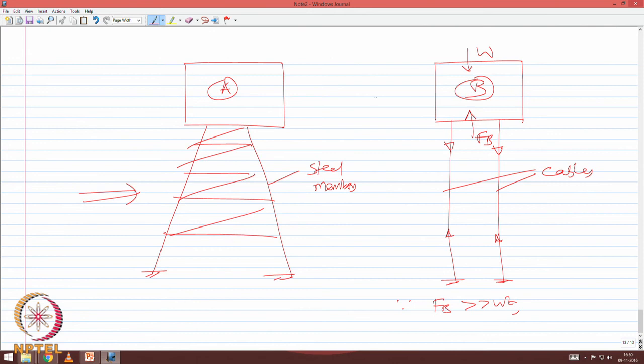When the platform under the wave action moves to the right, which is again connected to the same cable, which are in tension, the vertical component of these forces will add to the weight, the horizontal component of these forces will resist the wave load.